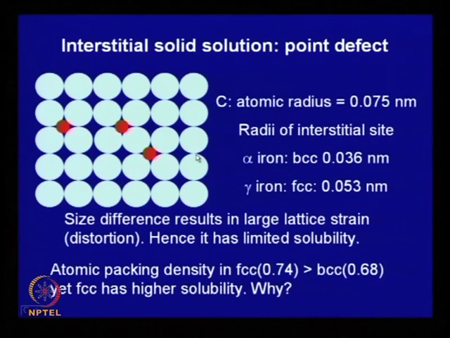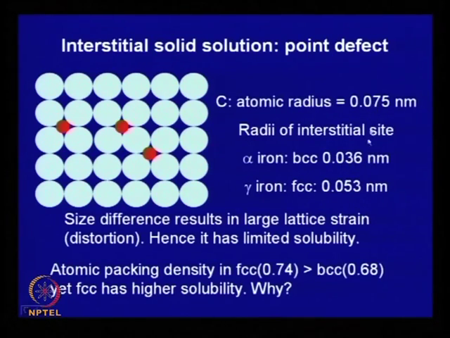If you look at that, you will find that the atomic radius of the carbon atom is 0.075 nanometer, whereas the radius of the interstitial sites of BCC iron, that is alpha iron, is of the order of 0.036. So, there is a large difference.